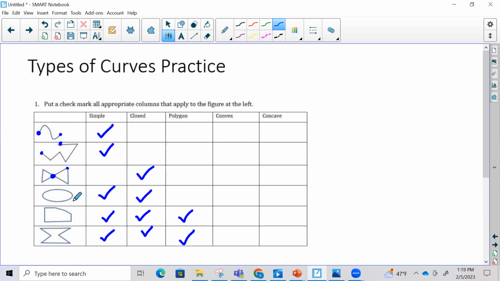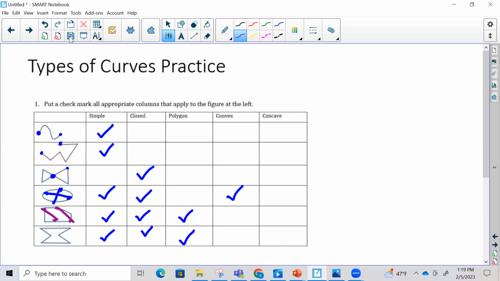So this one is simple and closed. And if I pick any 2 points and connect them with a line segment, that segment is going to be inside of our figure. So as a result, this one is convex. Same with this one. Any 2 points that I connect, I'm either going to be inside the figure or I'm going to be completely on the curve.